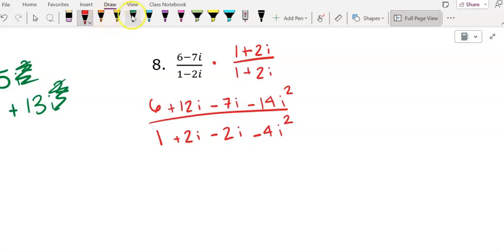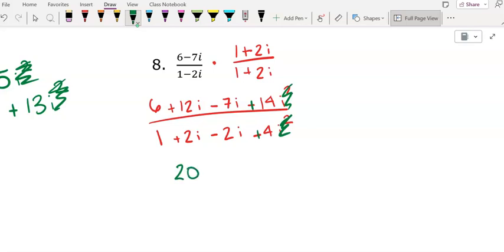So remember what I just said a minute ago. If I replace this i squared with negative 1, I'm really just changing the sign of what I have right there, okay? So then I'm going to go ahead and combine where I can. So now I really have 6 plus 14, so that gets me 20.